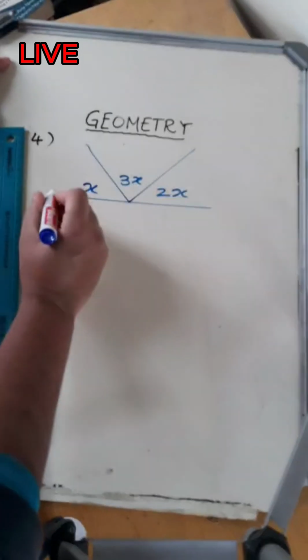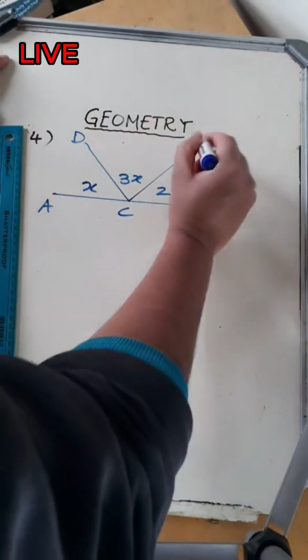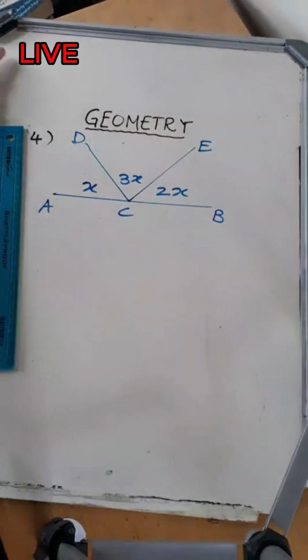And this is A, C, B. And this is D, and this is E. Okay, this one has 2 questions.